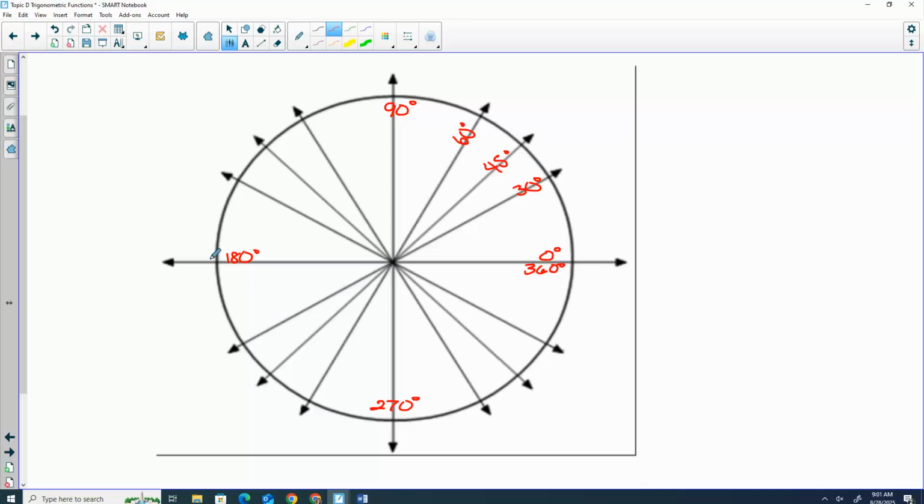Over here in the second quadrant, remember this is just like the point 0, 0 on your graph. To get these, you subtract your reference angle. So this is 180. If I come up 30, 180 minus 30 is 150. 180 minus 45. 180 minus 60.